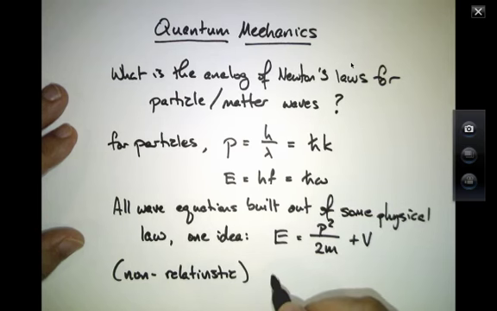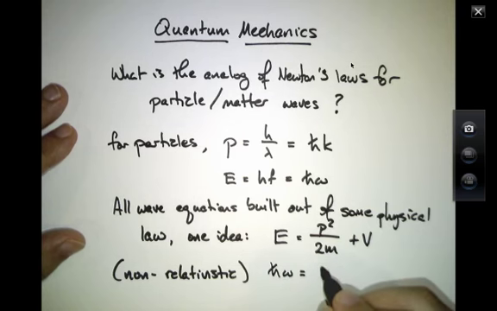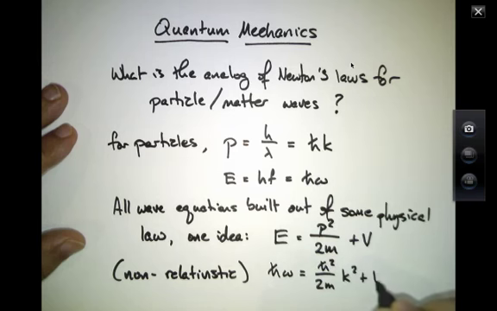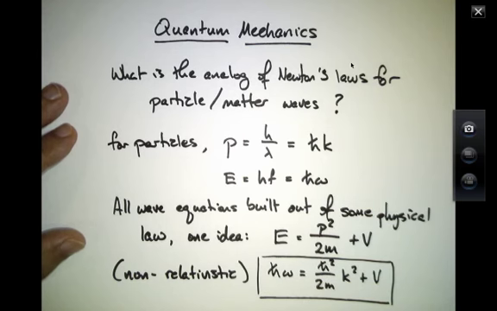In terms of our quantum quantities, this would give us the following expression. So we're looking for some sort of wave equation that will ultimately yield this kind of relationship between omega and k.